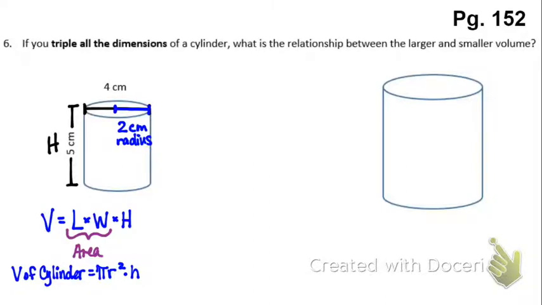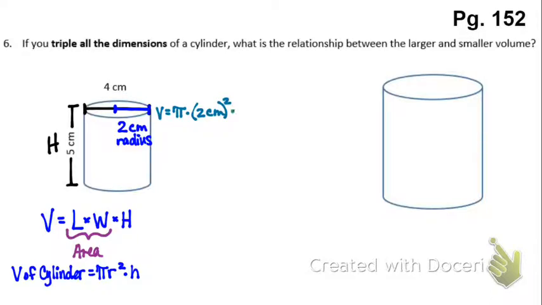Do we have enough information now to find the volume of this small cylinder? Let's go ahead and do that. So volume is going to be equal to pi times what? 2 centimeters. What are we going to do to that radius? Square it.